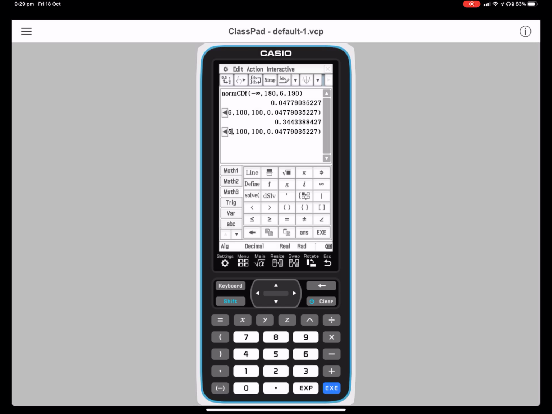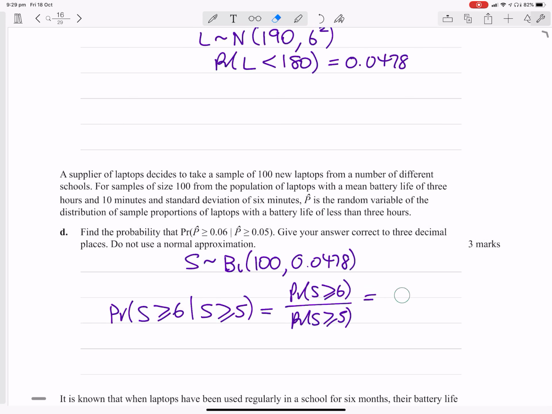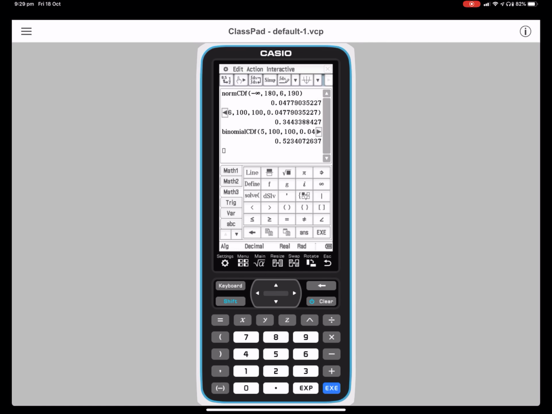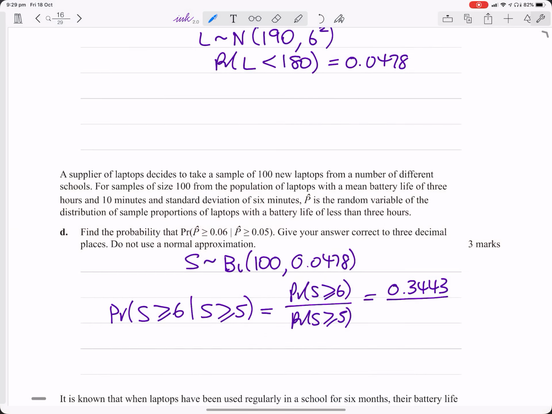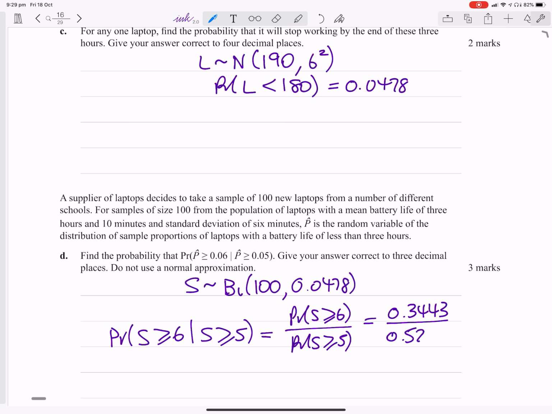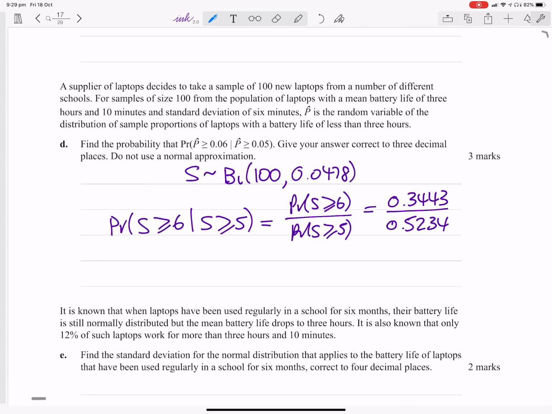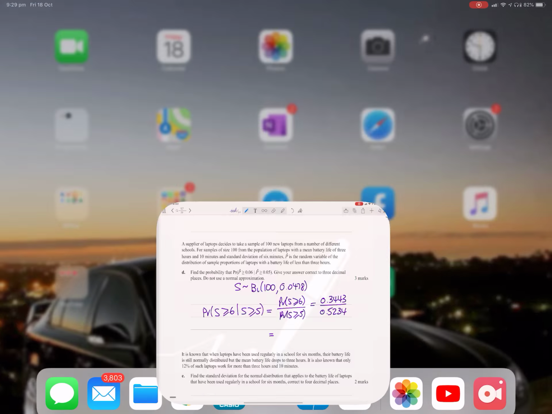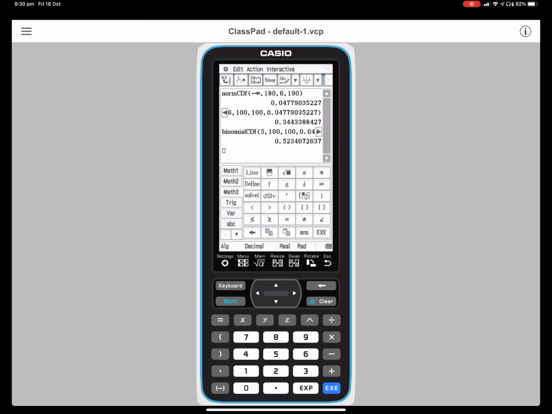That's 5. So 0.3443 over 5 is 0.5234. Which is equal to that divided by that, 0.6579.